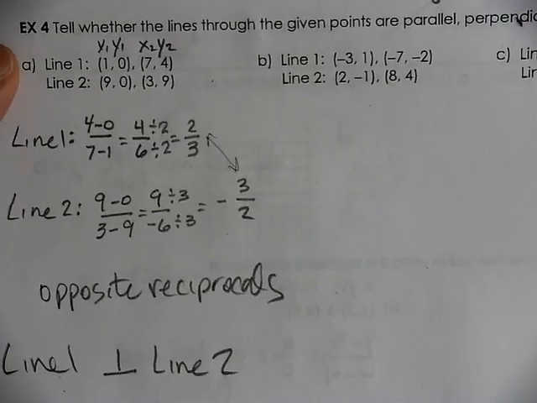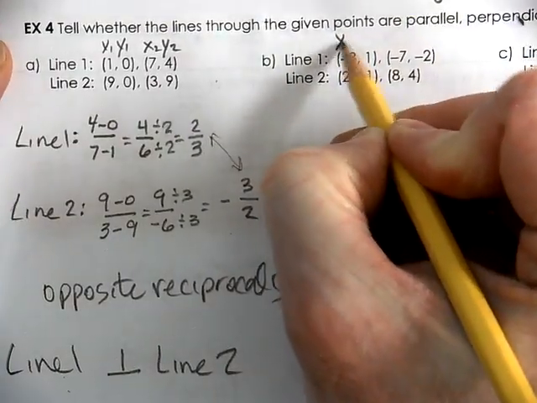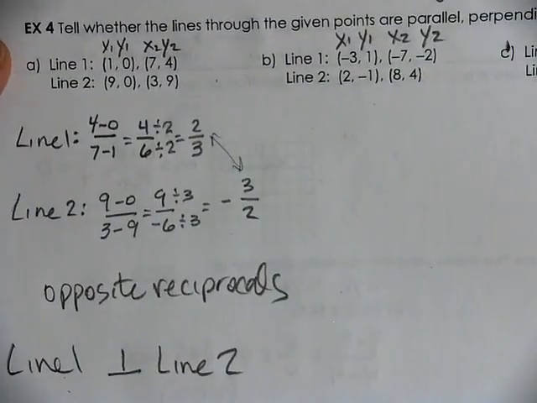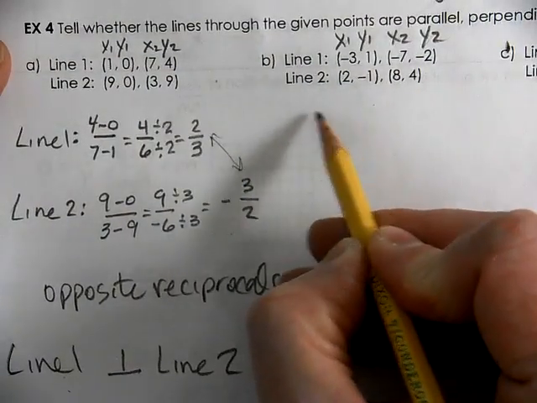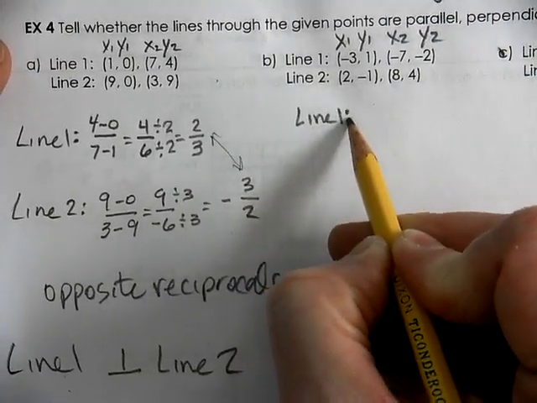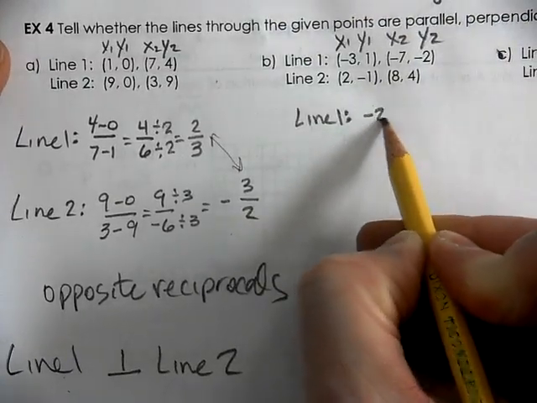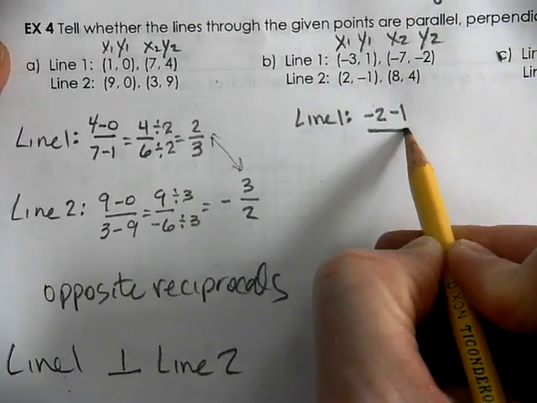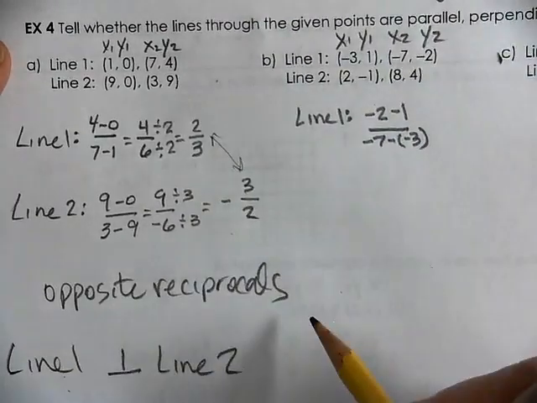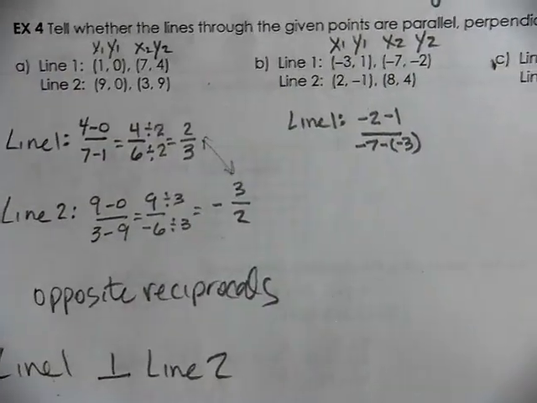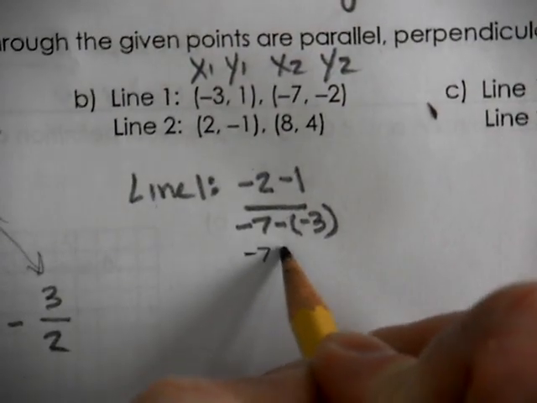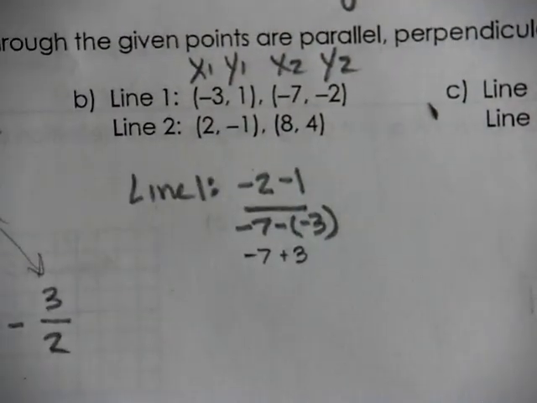Let's try the next question, where we label those points x1, y1, x2, y2. We're calling this line 1. So we have -2 minus 1 over -7 minus -3. Well, you have to be careful when you're minusing a negative, because it's actually -7 plus 3.